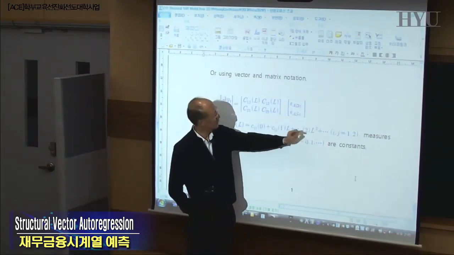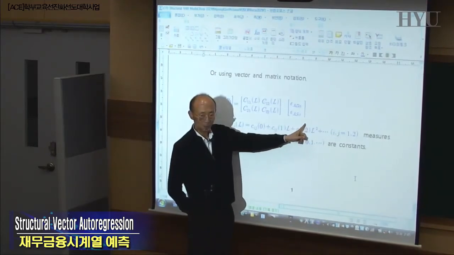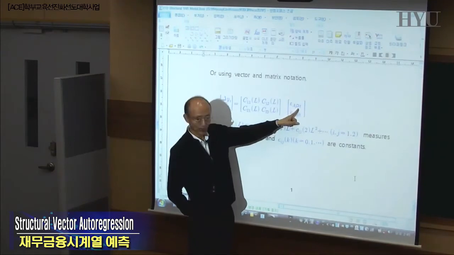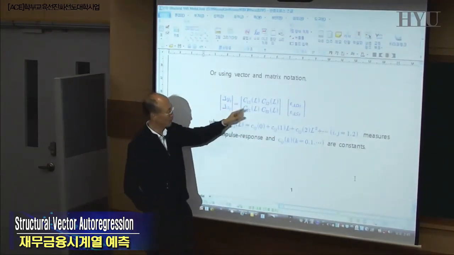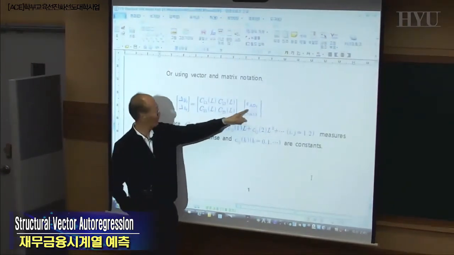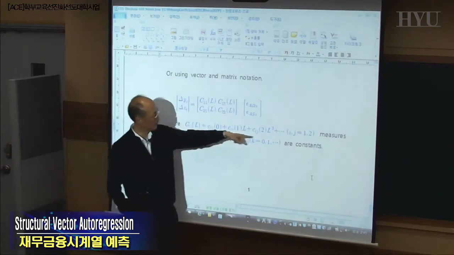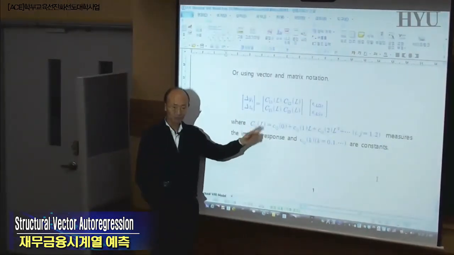Second lag. So this is the impulse response from the shock occurring at t minus 2 on t, or the shock occurring at t on t plus 2. Right? So these are measuring impulse response. Okay?